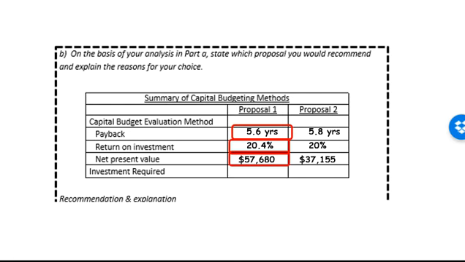Now, this doesn't necessarily have to be this way, depending upon how the computations and cash flows are. These proposals can give you different answers in terms of which proposal is more desirable than the other, based upon the capital budget evaluation method. And with that, that's the end of our presentation.